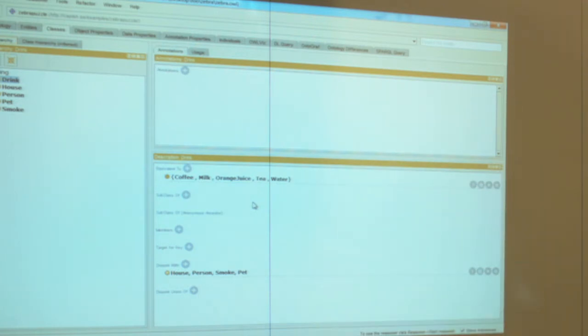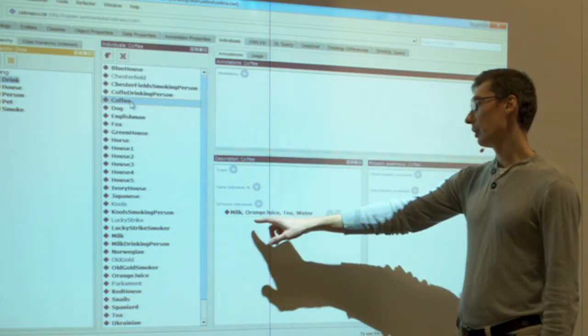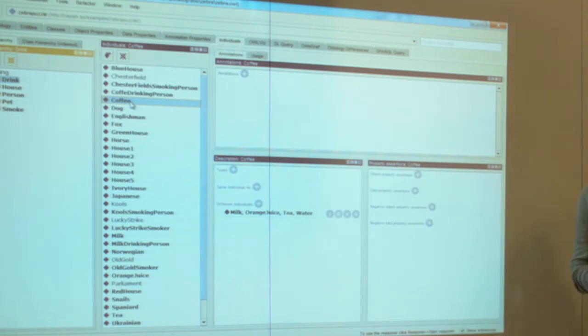And then again, something that would be obvious to a human but is not obvious to a computer: you need to be explicit about saying that coffee is not the same as milk, orange juice, tea, and water. You actually need to say it, because in OWL, as in RDF, you could represent 2 things which are the same with 2 different URLs.